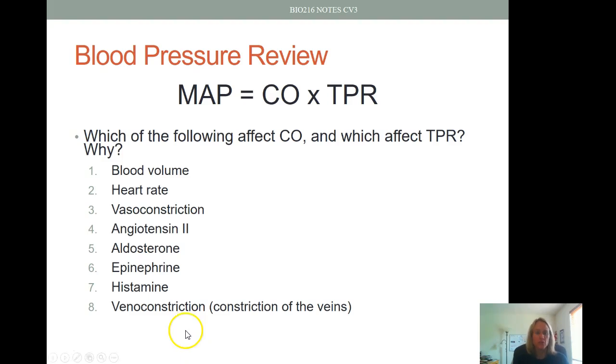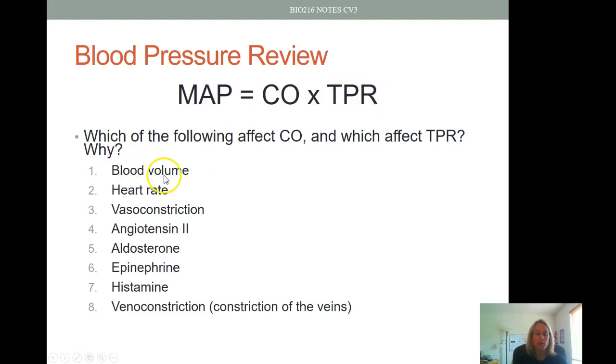Let's first review blood pressure. So mean arterial pressure is equal to the cardiac output times the total peripheral resistance. And remember, cardiac output is the product of the stroke volume times the heart rate. So let's think of which of the following are going to affect cardiac output and which are going to affect the total peripheral resistance.